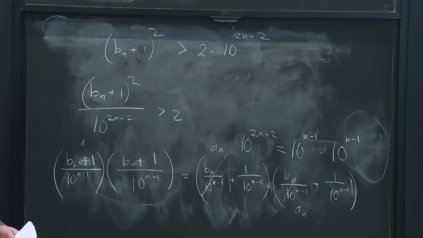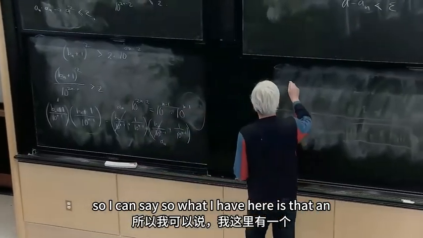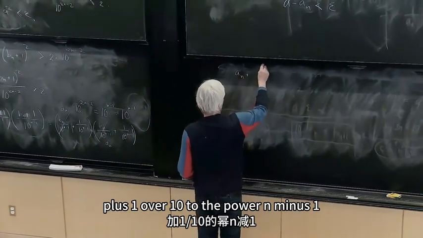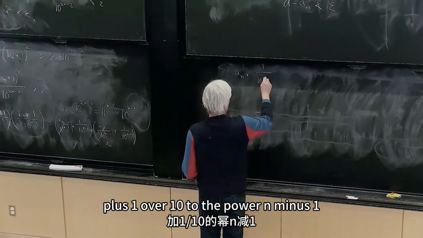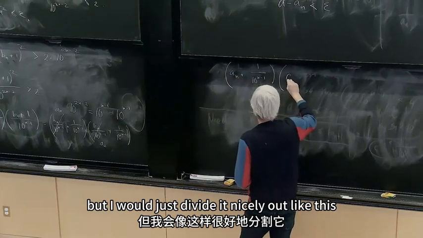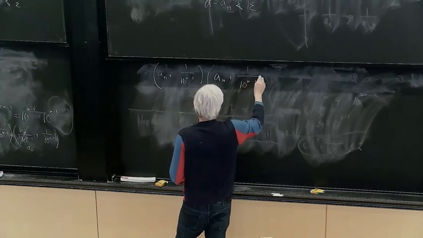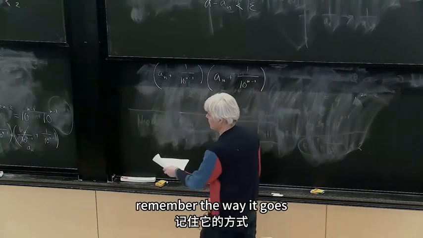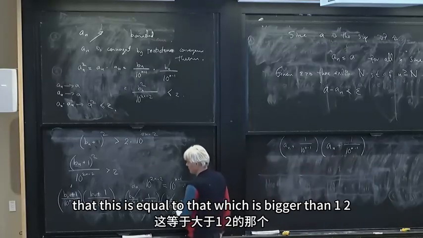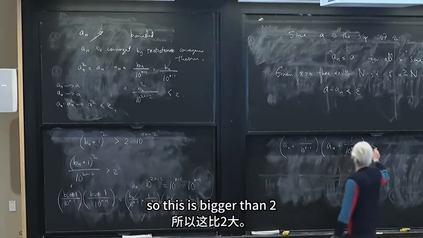So what I have here is that an plus 1 over 10 to the power n minus 1, times itself, but I will just write it nicely out like this. Remember the way it goes, that this is equal to that, which is bigger than 2. So this here is bigger than 2.